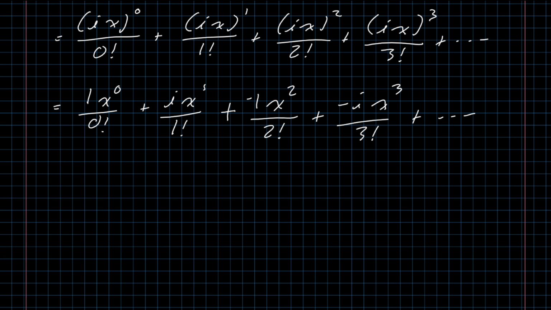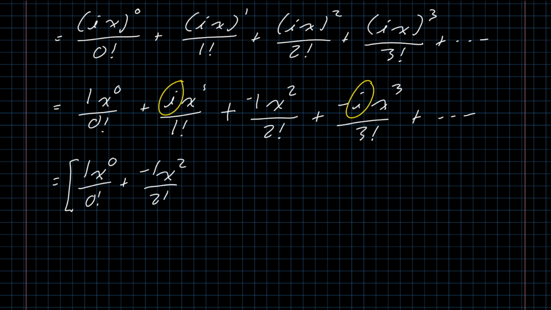And whenever we're dealing with complex numbers, the default first thing to do is reorganize things so that you have the real part and the imaginary part separate. So let's try doing that in a different color pen. We'll take all of these terms that have an i in them, and we'll split them off as a separate grouping. So we have 1x to the 0 over 0 factorial plus minus 1x squared over 2 factorial plus dot dot dot.